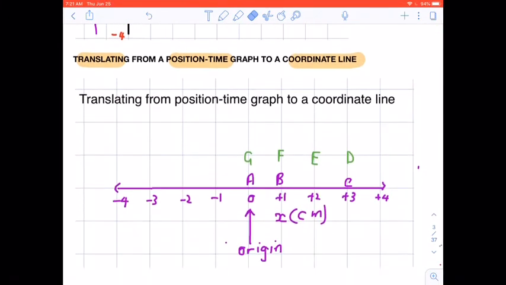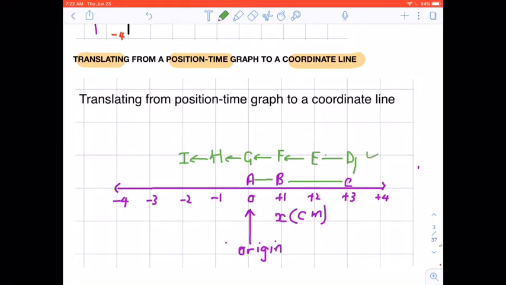So we have H there, and we have I. Going from A to B, from B to C, C, D, it's on the same coordinate; E and F, here it's at the origin, and then it goes on the other side.